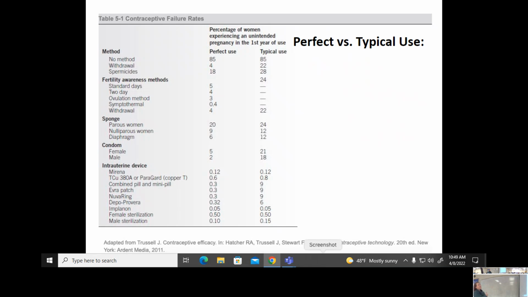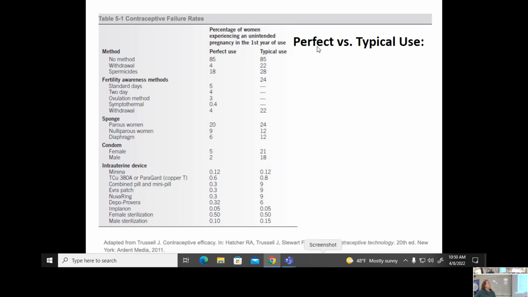What this is showing, see how it says there, first year of use. This is measuring if a couple is having fairly regular sex for a year and they are using that method, how many out of 100 would get pregnant within a year.